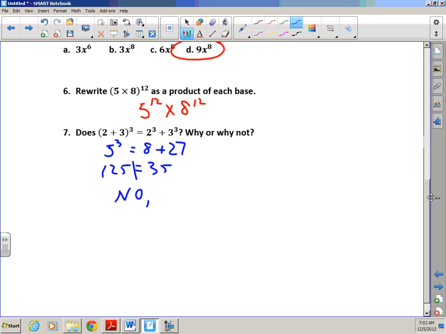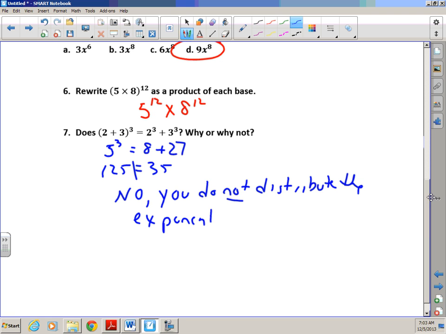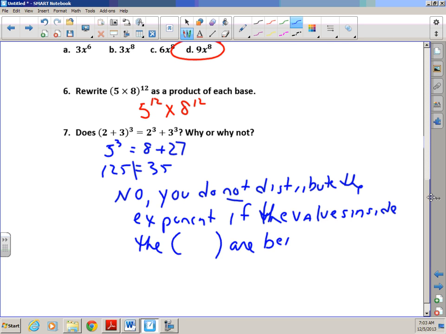And so the rule there is no, you do not distribute the exponent if the values inside the parentheses are being added or subtracted.